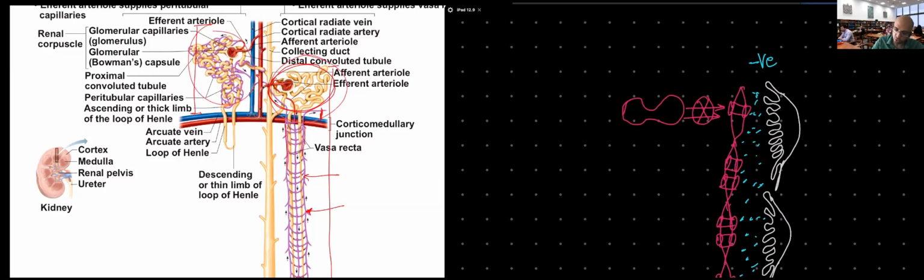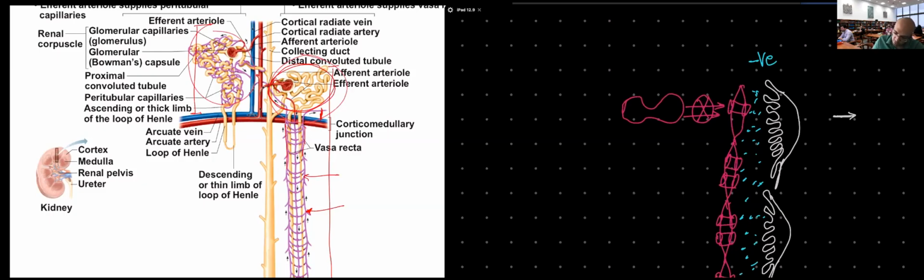So it's not something normal to see blood cells out in the filtrate or in the urine. Other things that we don't see getting filtered are the anions, or mostly the negatively charged plasma proteins.